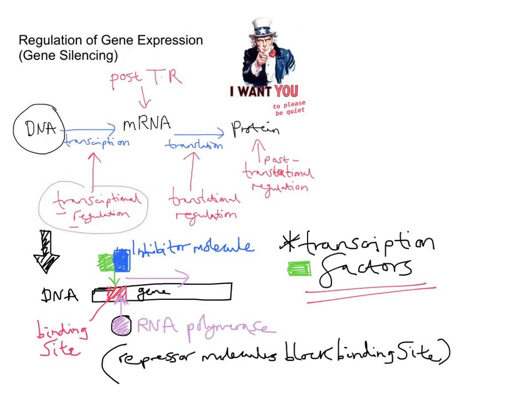And when the estrogen binds to the transcription factor, it changes the shape of that transcription factor. The inhibitor molecule falls off, and the transcription factor can once again bind.